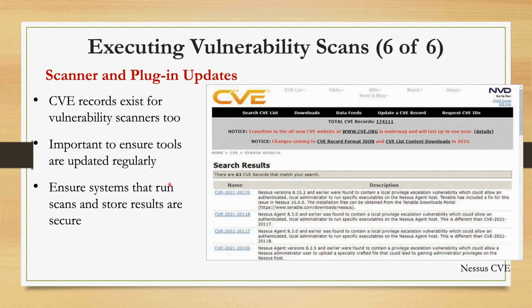Now, for the updates here, Nessus updates typically involve two key components: the scanner engine itself and the vulnerability detection plugins. The scanner software can be upgraded by downloading the latest version from Tenable, which is the owner of Nessus.